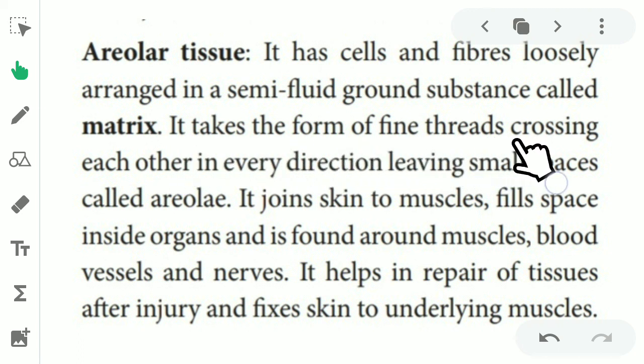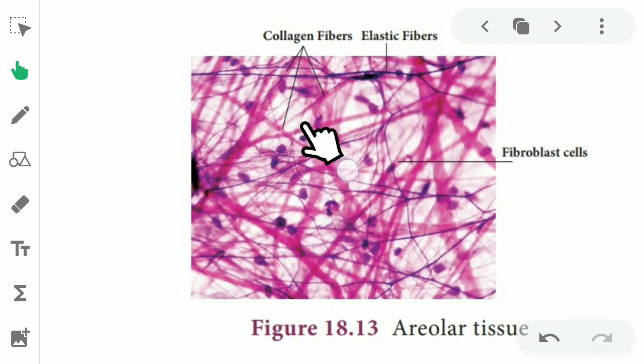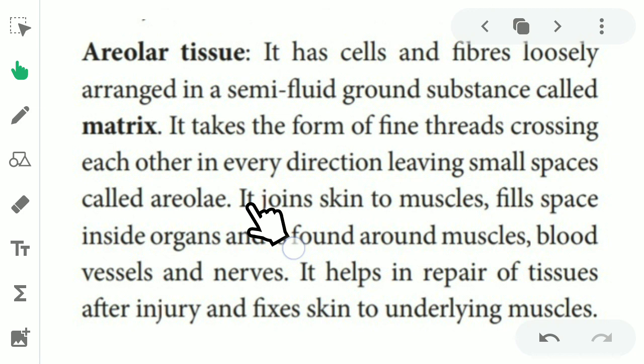The fine thread-like fibers cross each other in every direction, leaving small spaces called areolae. It joins the skin to muscles, fills space inside organs, and is found around muscles, blood vessels and nerves.